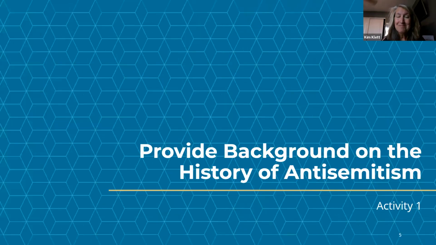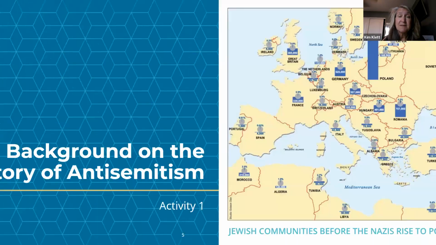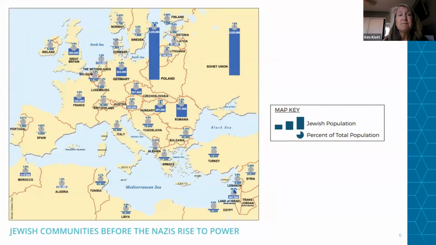So one of our principles ties into our first activity, and that's providing background on the history of anti-Semitism. So I want to start with this map. I'll show you where it is. It's on our website. If you are using this with your students, you've got a little key over here, so these numbers here are the Jewish population in each country as of the beginning of January 1933.